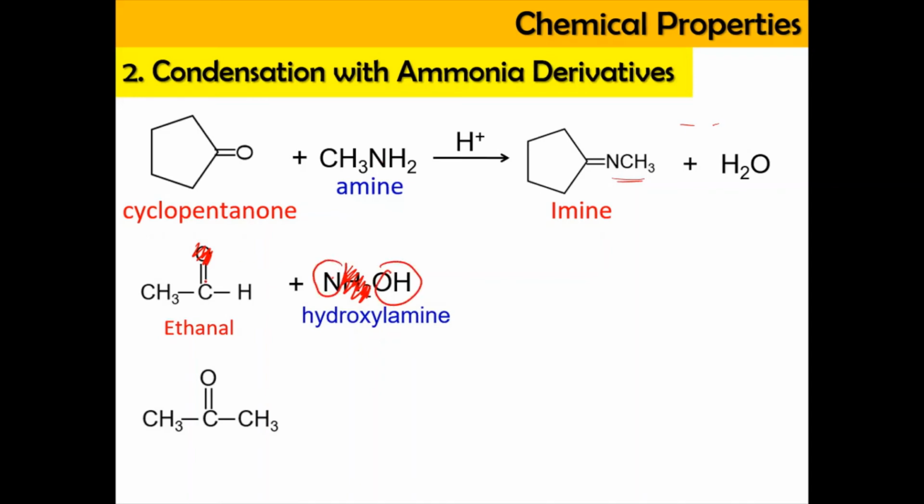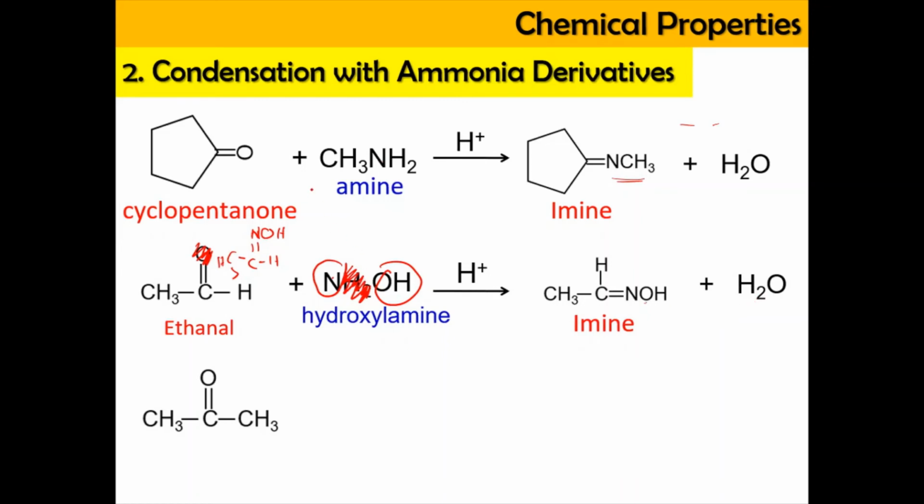So N is going to form a C double bond N here, and then it's going to attach with OH. Okay, so it becomes C, N, OH, CH3 and H here. So this is going to produce an imine. Okay, so you can put it upwards or you can also put it downwards. It is still the same meaning. And this is going to produce imine, and water is going to be removed.